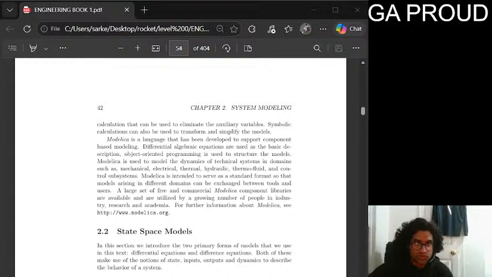This is the book. We have not finished 2.1 yet, but can we still begin chapter 2 if you don't mind?